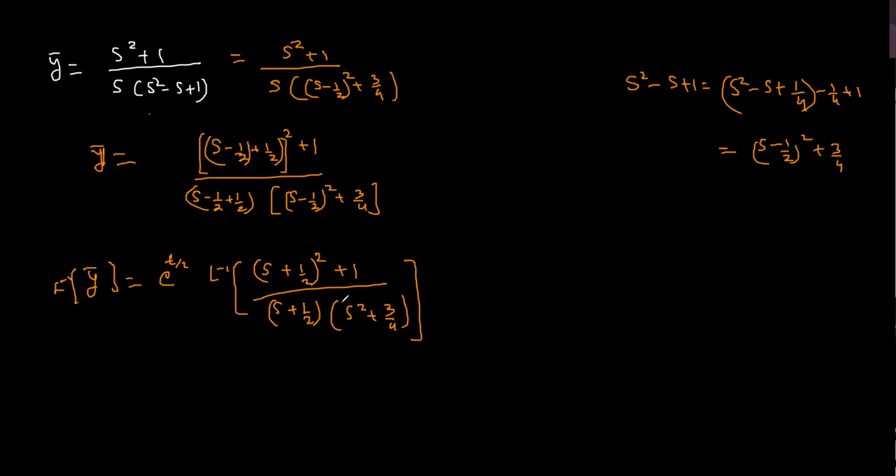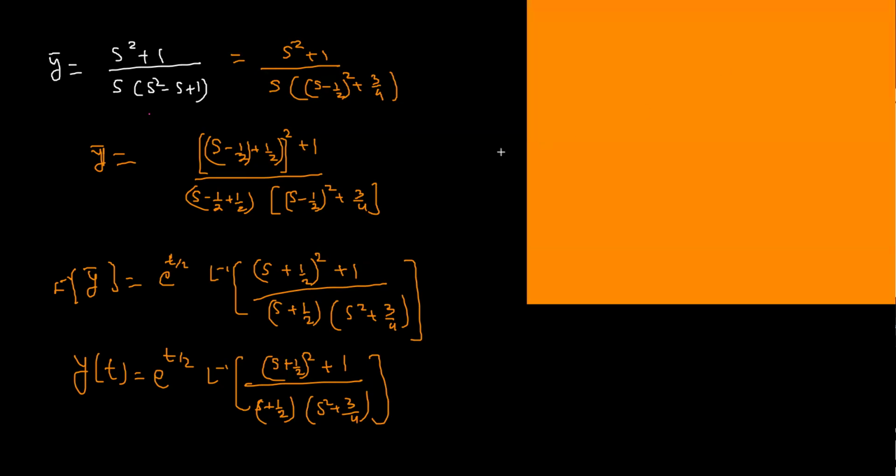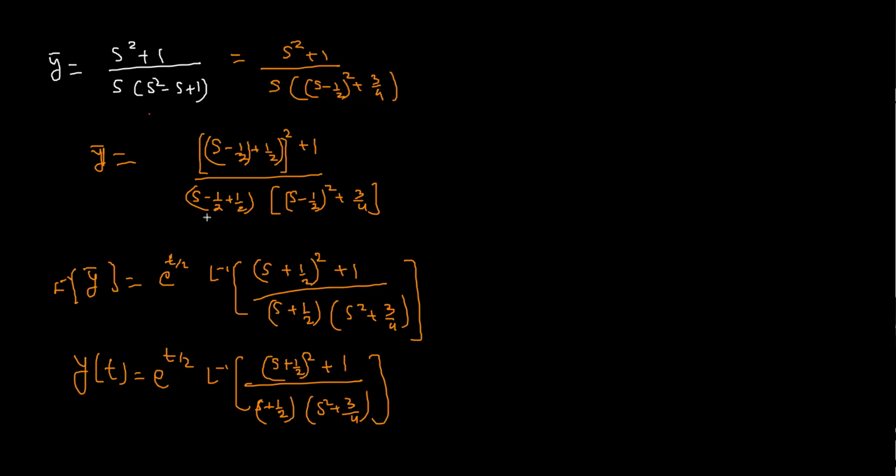Yes, now you can solve this. This is y(t). This is e to the t by 2 times Laplace inverse of (s plus half) whole square plus 1 upon (s plus half) into (s square plus 3 by 4). Right? Now do partial fraction of this.